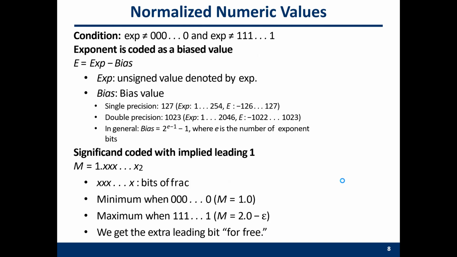This is the minimum value. If the M is always starting from 1, then you don't need to store that one. So the storage of that one is actually free.